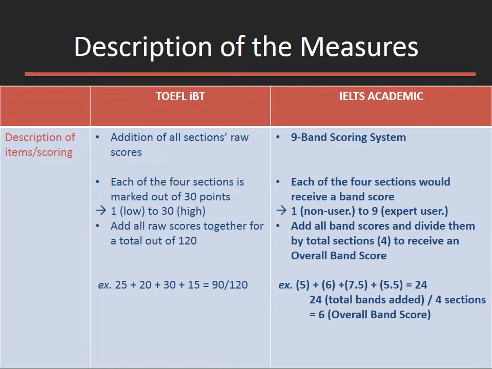For example, you would take the 5 from one section, the 6 from another, 7.5 from another section, and a 5.5 from the last section. You would add them all together and we'd get 24 total bands. You then divide it by the 4 sections and we get a total of 6, which would serve as our overall band score.